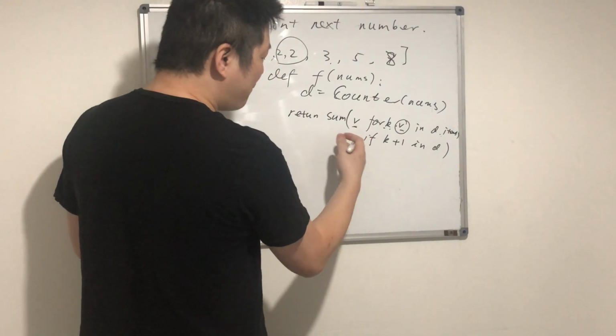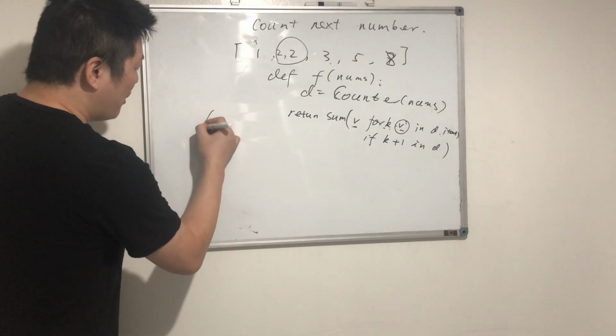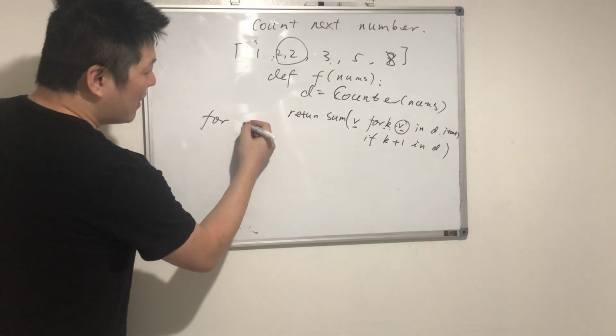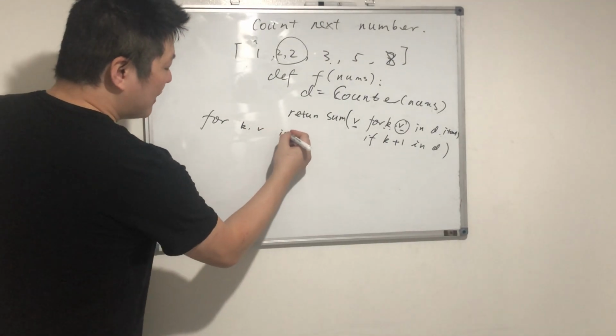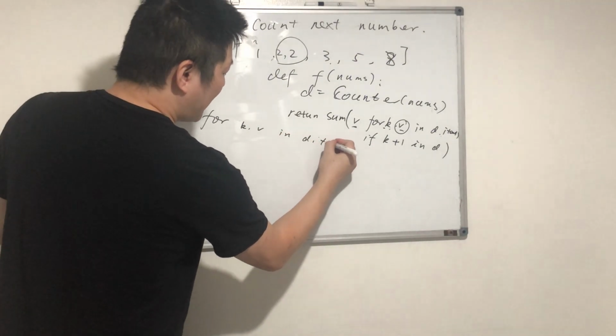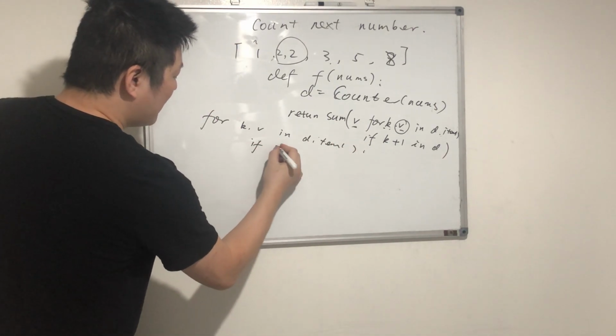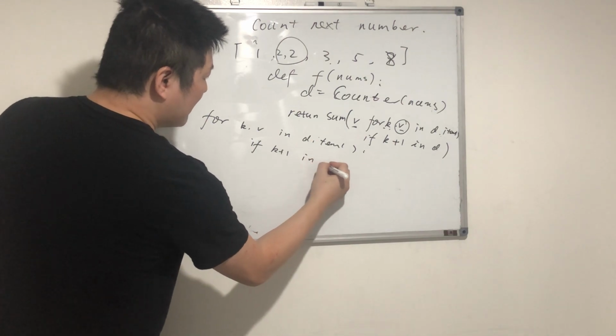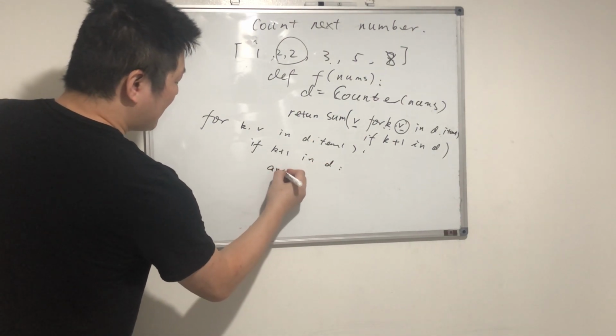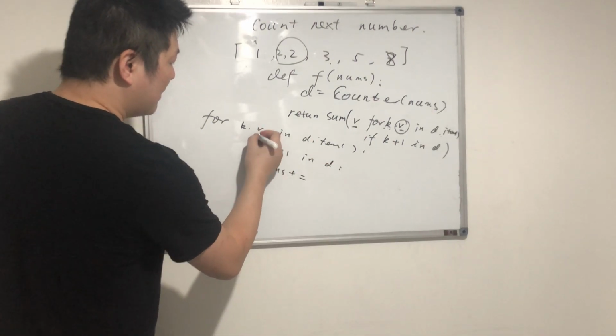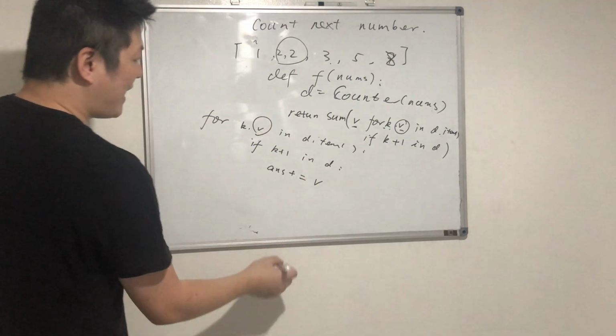This is basically the same as previously. We do this for K, V in D dot items, yeah. And then look, it's the same as if K plus 1 in D, then we do this answer plus equals what? Plus equals V, right? Yeah.